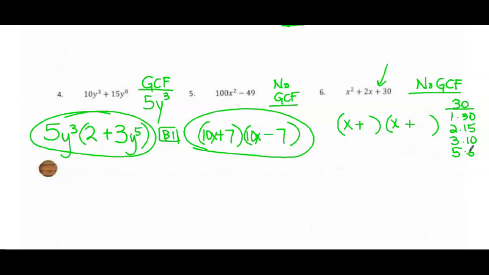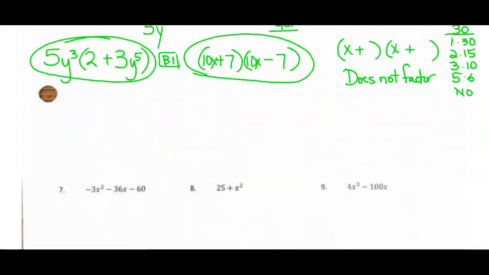So there are no factors of 30 that I can add together to get a 2, so I'm going to say does not factor. If you can't factor a greatest common factor or anything else, you just say does not factor.